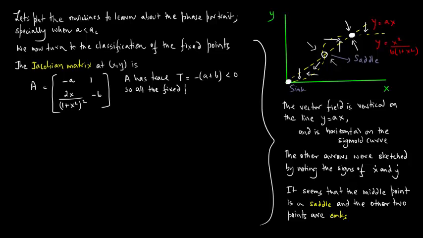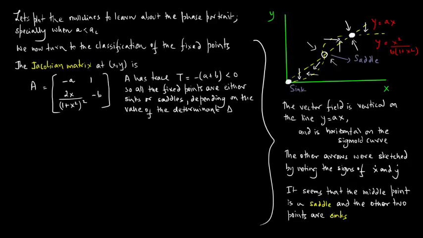So all the fixed points are either sinks or saddles, depending on the value of the determinant delta. At 0, 0, delta is ab, which is greater than 0. So the origin is always a stable fixed point.